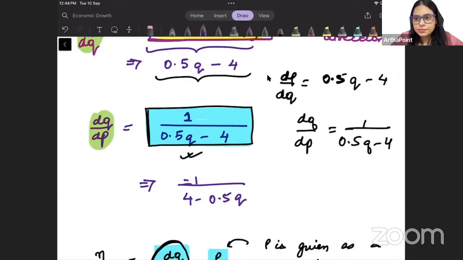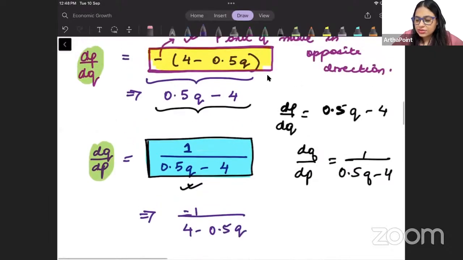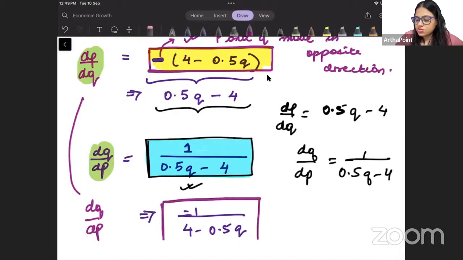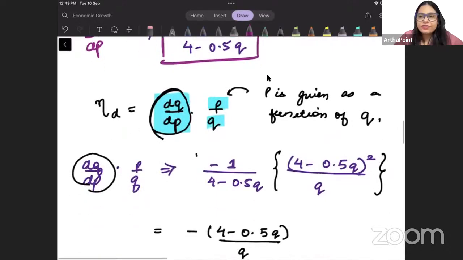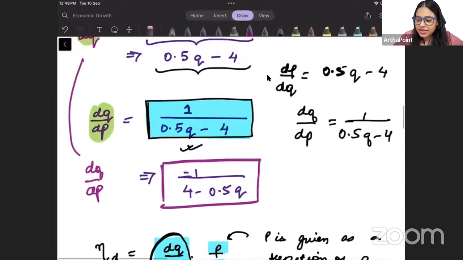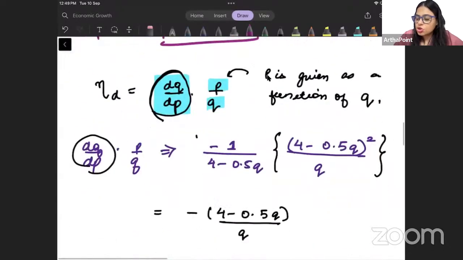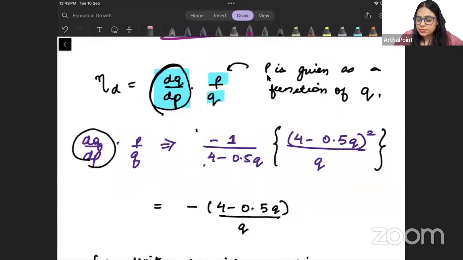Okay, clear? So if I keep the minus sign outside and try to find dQ by dP, its reciprocal will be this only. So I have just written it as it is. Why I have written it, you will understand in a minute: I did not multiply Q by minus so that I can cancel common terms out. So this term dQ by dP is this term.